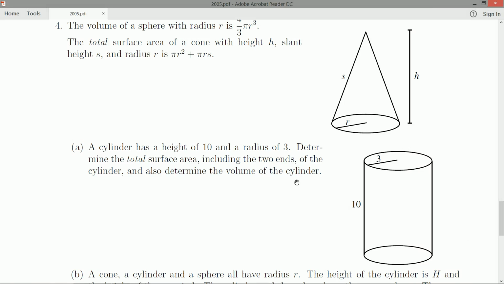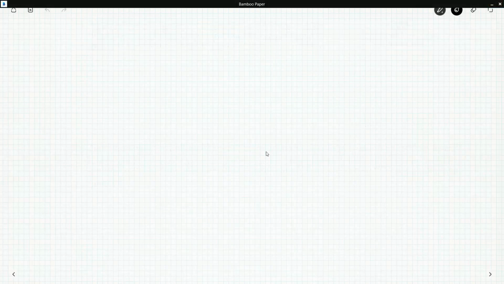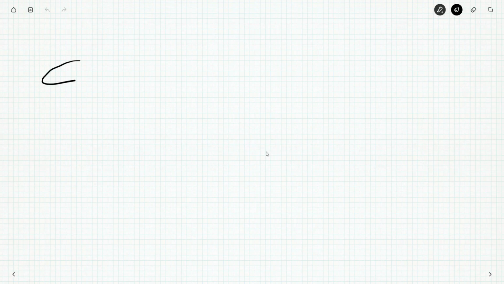It's B part that should be the challenge. I'm hoping it's a challenge. So, we got the total surface area, we got the volume, A part's done. Now, a cone, a cylinder, and a sphere all have radius r. I'm going to draw pictures of these fellas right now. So here's my cone, radius r.